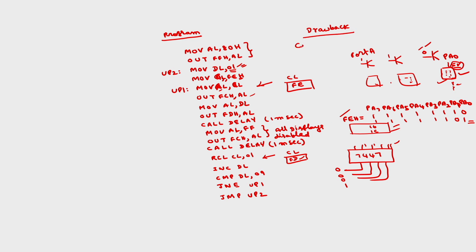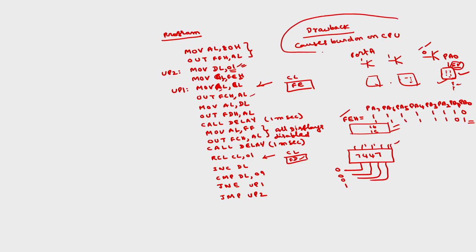If the CPU is performing some important task, then after displaying the first digit, before coming to the second digit, if the CPU is busy with some other important task, only the first display will be enabled all the time and the remaining will all be disabled. So, this is the burden on the CPU.